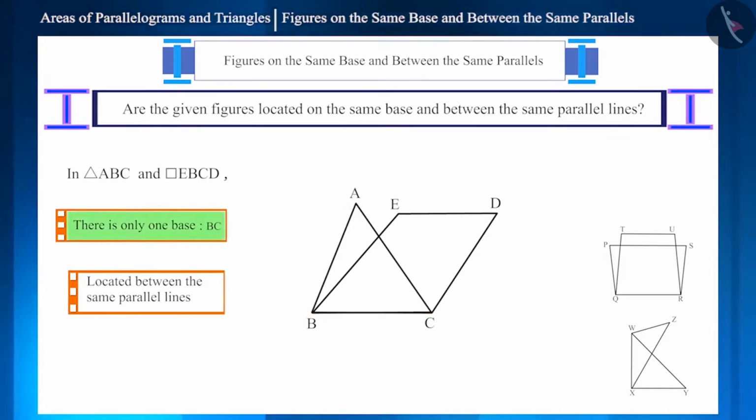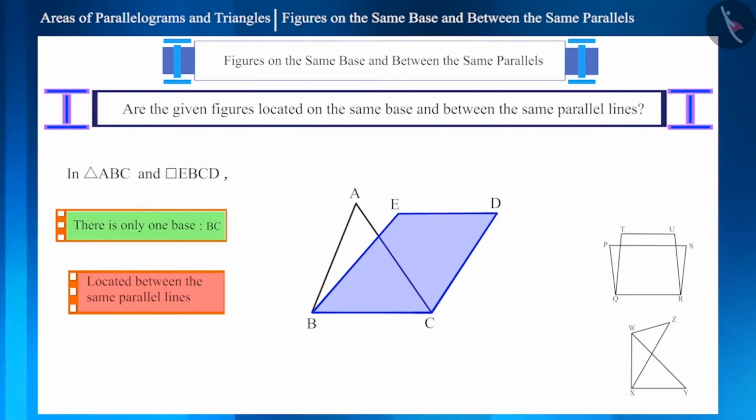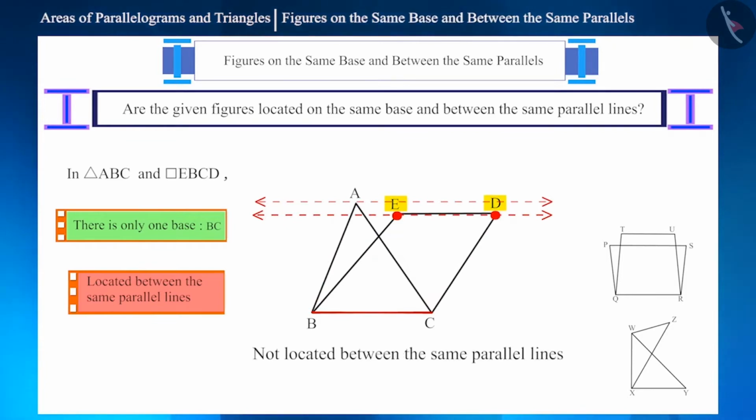But these figures are not located between the same set of parallel lines. This is because in triangle ABC, the opposite vertex A of the base BC, and in parallelogram EBCD, opposite vertices E and D of the same base BC are not placed on the same line. Therefore, their heights are not equal.